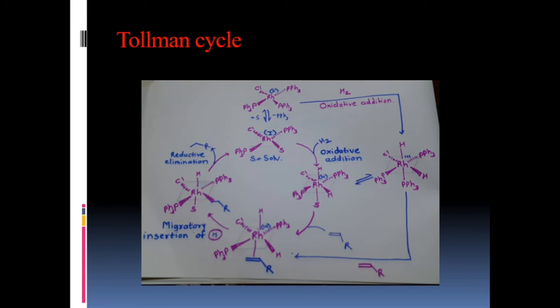First, oxidative addition of H2 is carried out. After that, addition of alkene is carried out. After addition of alkene, migratory insertion of hydrogen. After migratory insertion, there is a reductive elimination of alkane, and then we get the Wilkinson's catalyst. Okay, this is the first step.